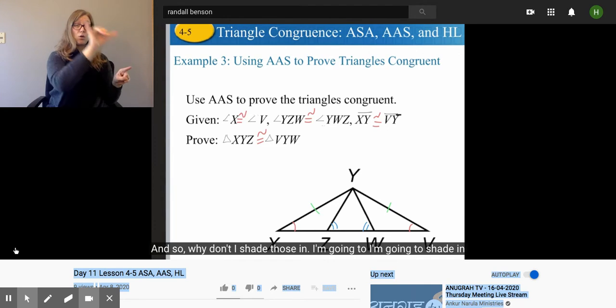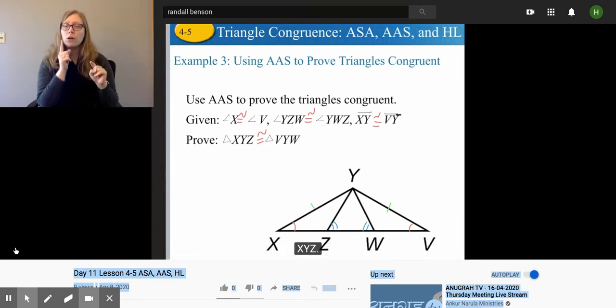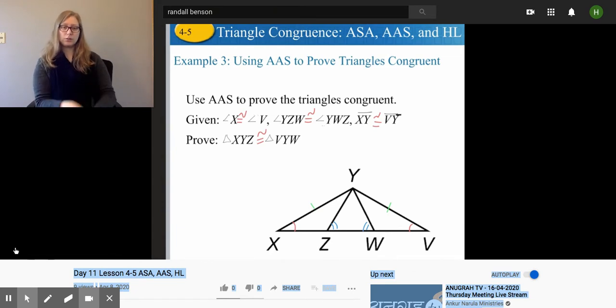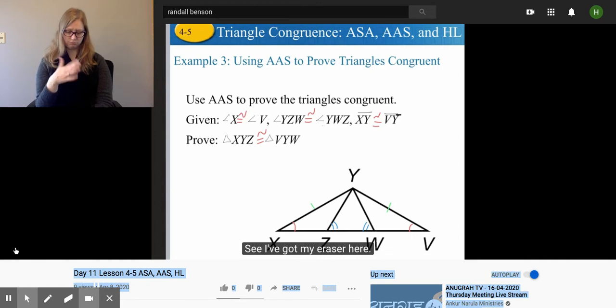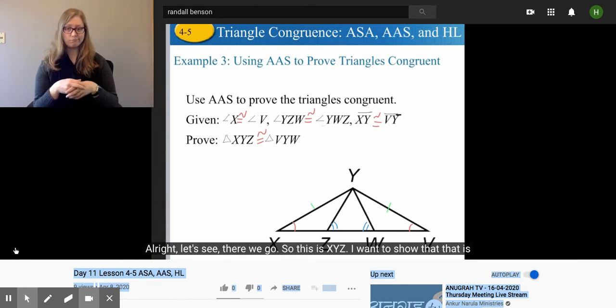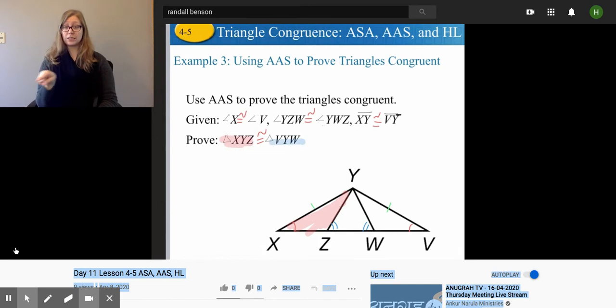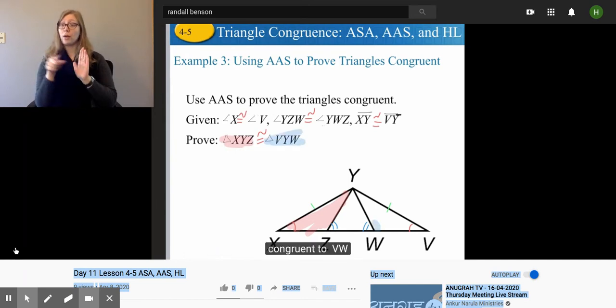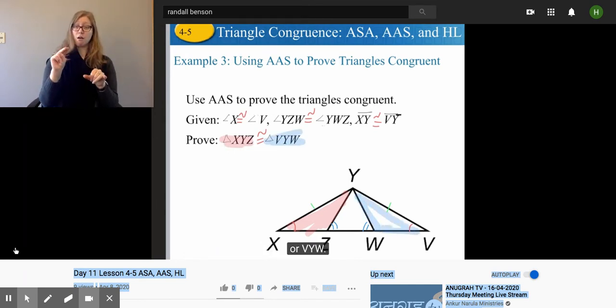And so why don't I shade those in? I'm going to shade in XYZ. Oops. Let's see, I've got my eraser here. All right, let's see. There we go. So this is XYZ. I want to show that that is congruent to VYW.